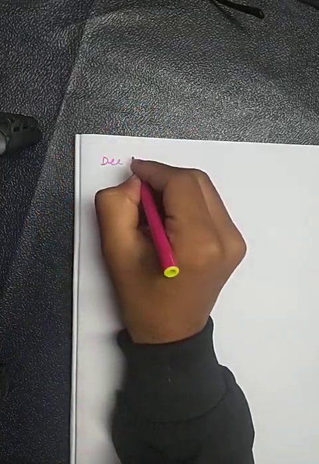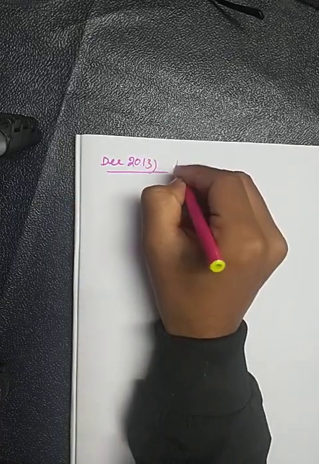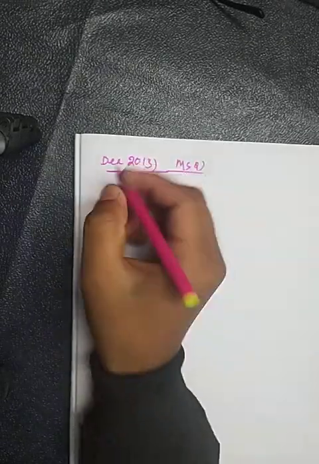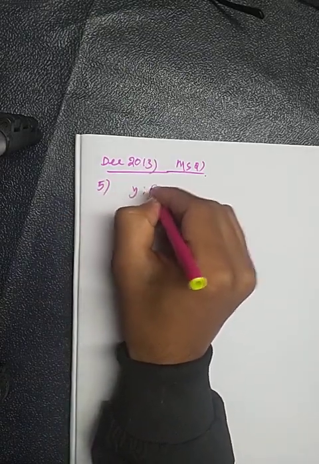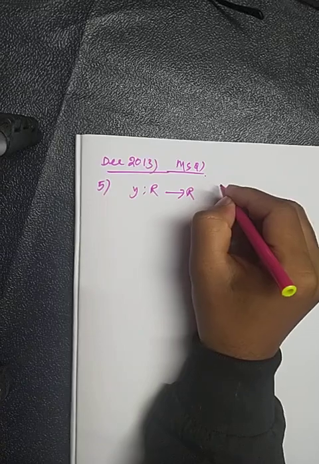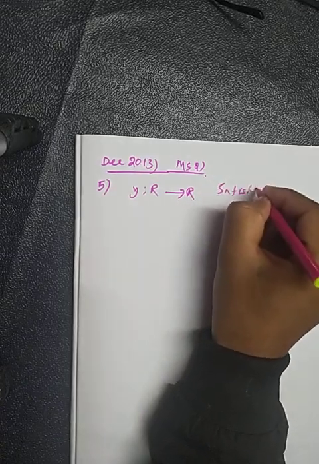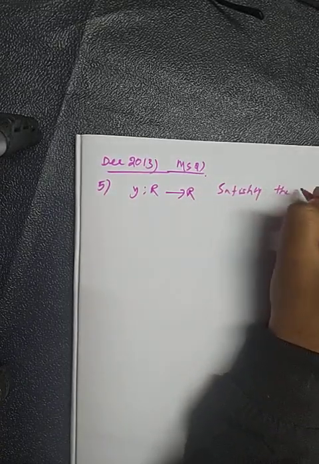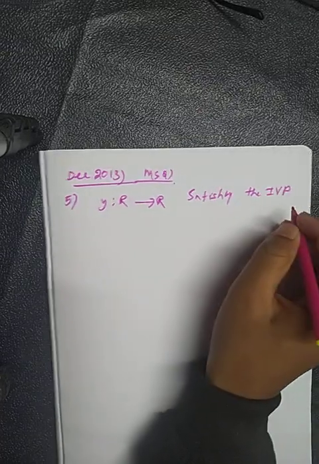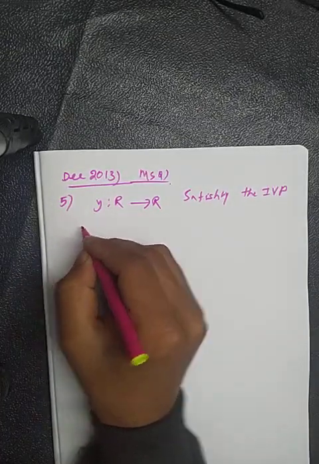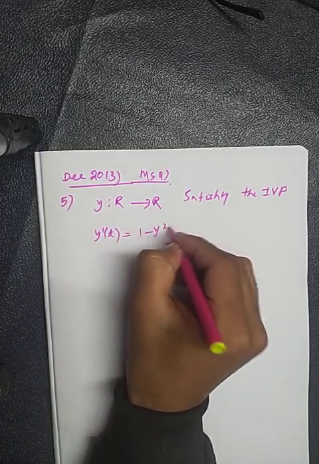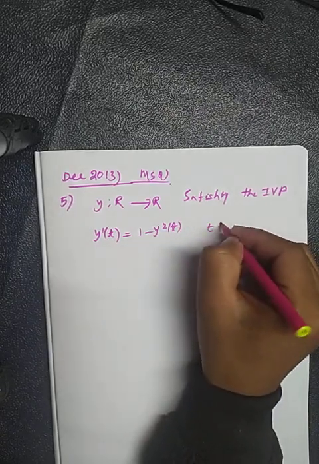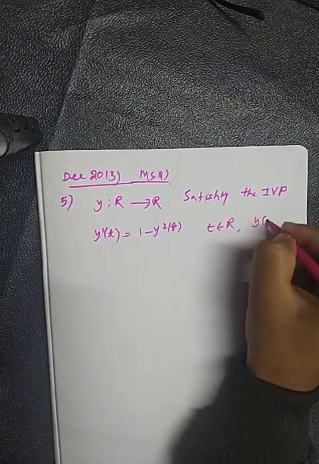Now in the December 2013 MSQ, there is an MSQ question. Question number 5: y from R to R satisfies the IVP, initial value problem, y dash t is equal to 1 minus y squared t, t belongs to R and y of 0 equals to 0.